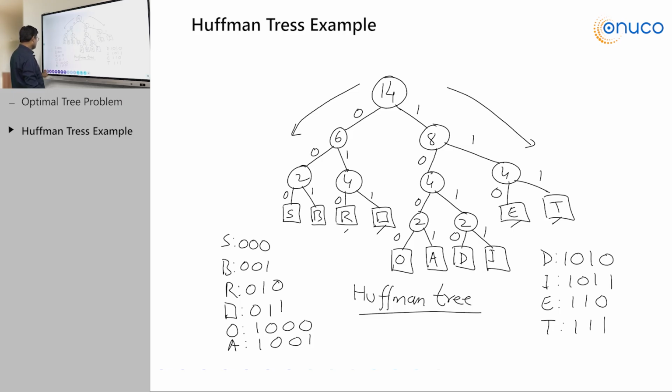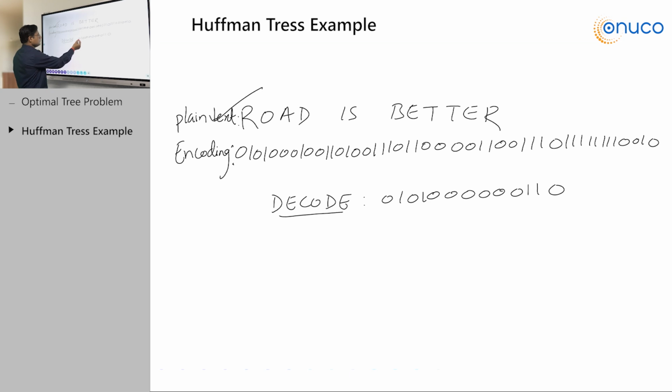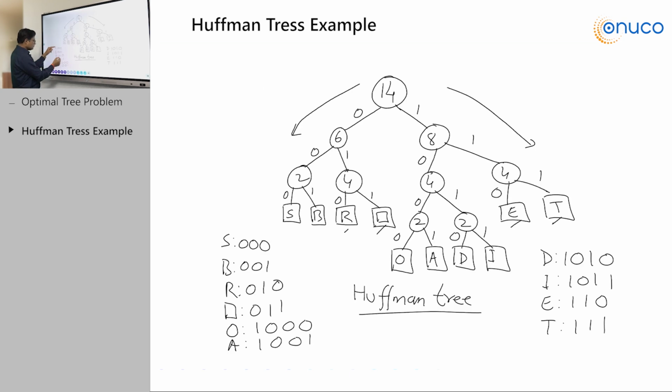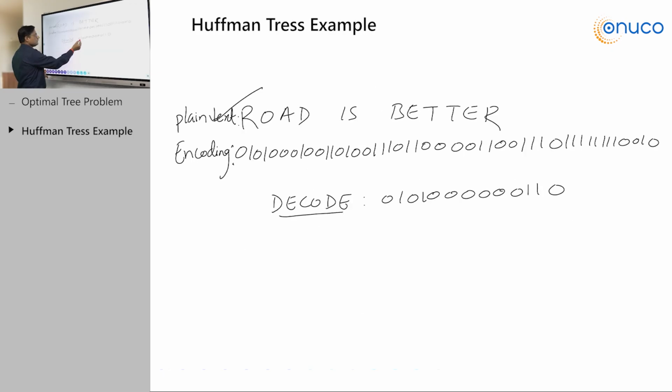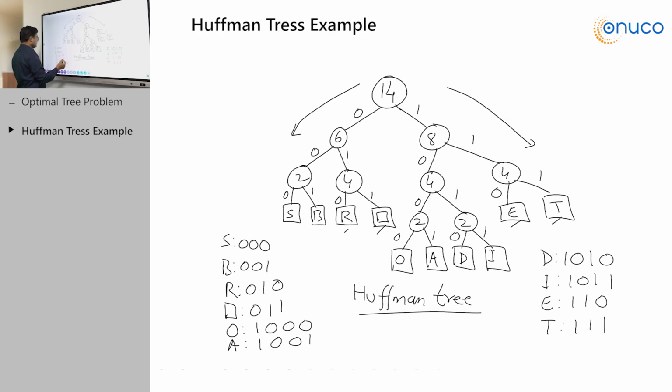What is the first value? First is 0. How many start with 0? You focus on that. These 4 are starting with 0, so maybe one of them is the answer. After 0, what comes? After 0, 1. So out of these 4, after 0, 1 there are 2 possibilities, either R or blank space.